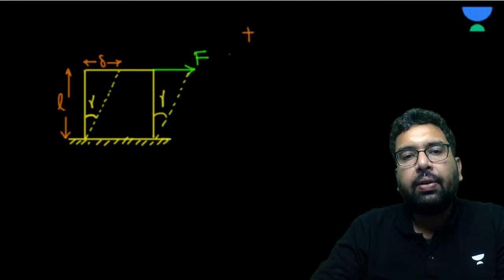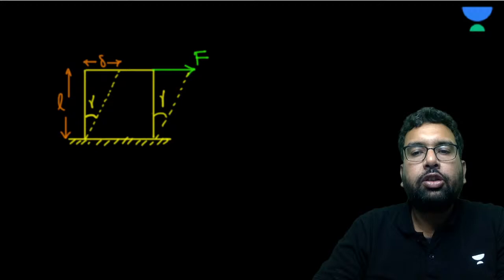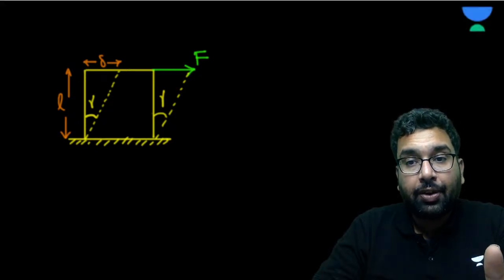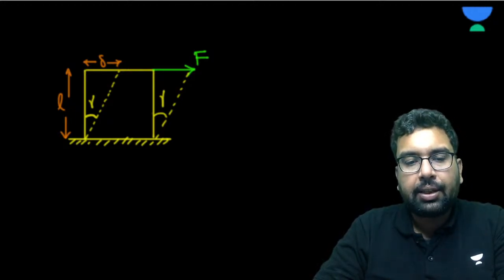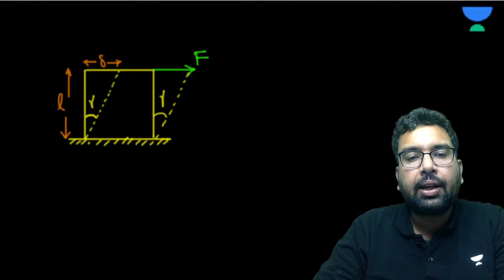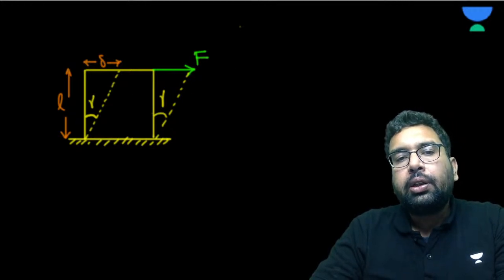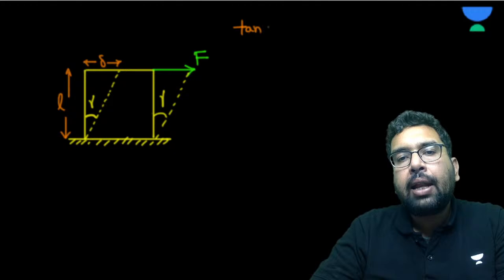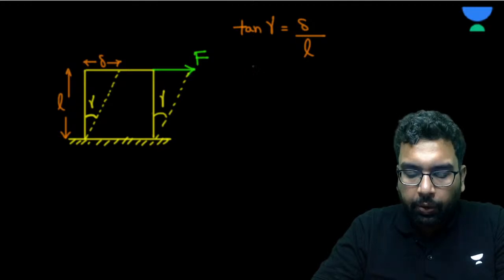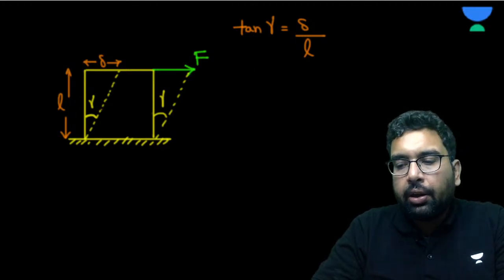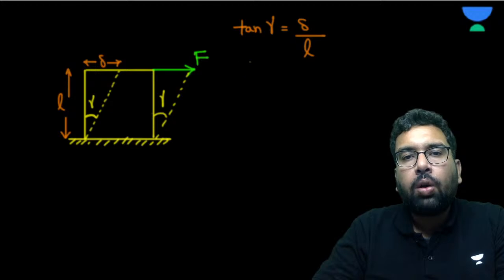Now, strain is the change in dimension upon the original dimension, right? But the shear strain formula is slightly different. What is this gamma? Using simple trigonometry, can I write tan gamma is equal to delta upon L? Since gamma is very small, can we write tan gamma is equal to gamma only?